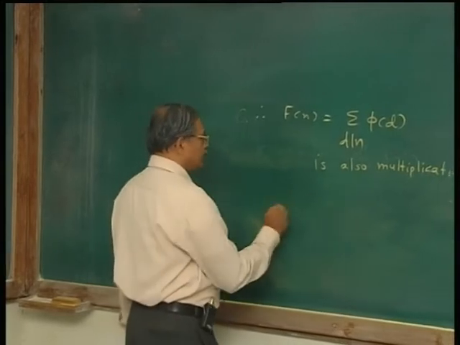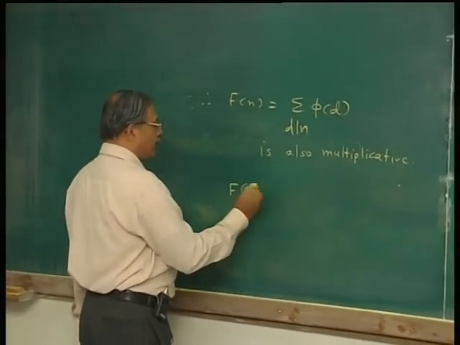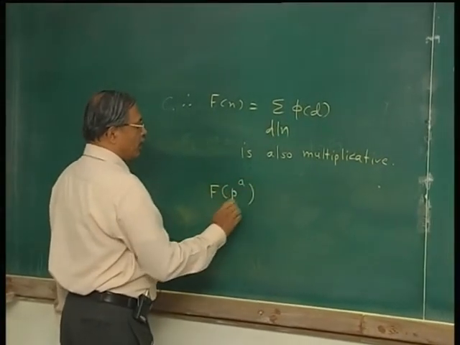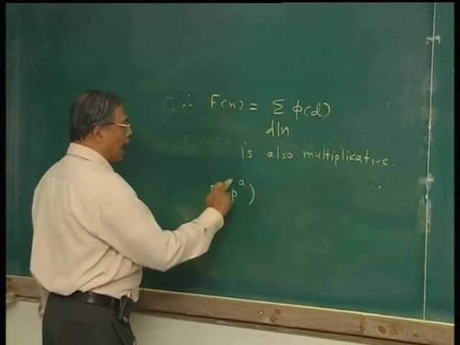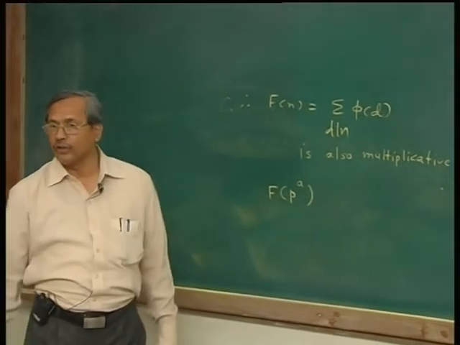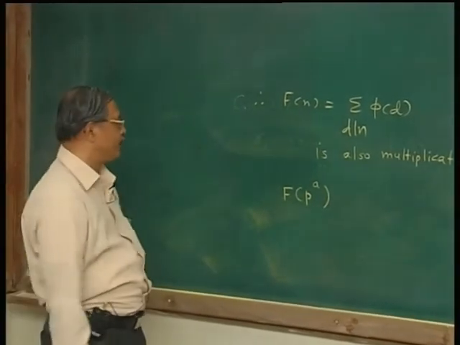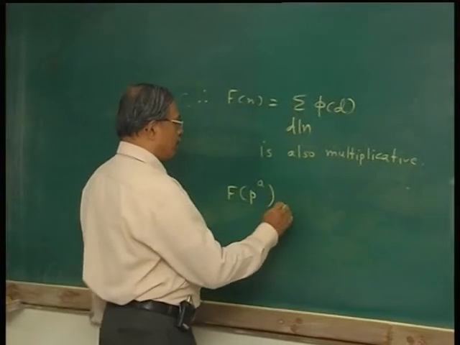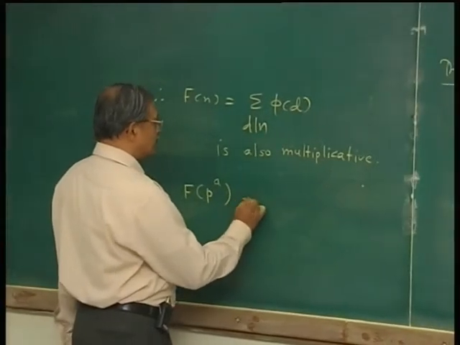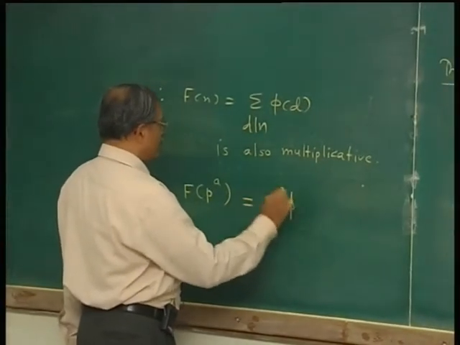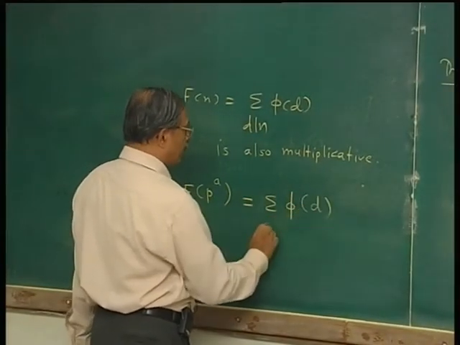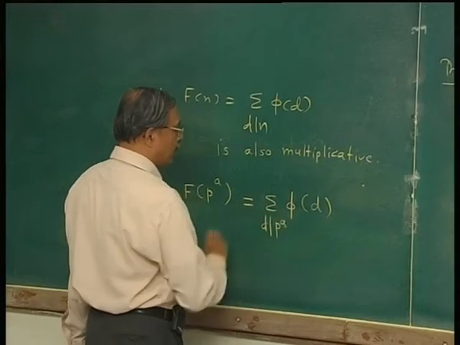So what is f of p raised to a for any prime p and any a positive integer bigger or equal to 1? So this is summation phi of d, d divides p raised to a.